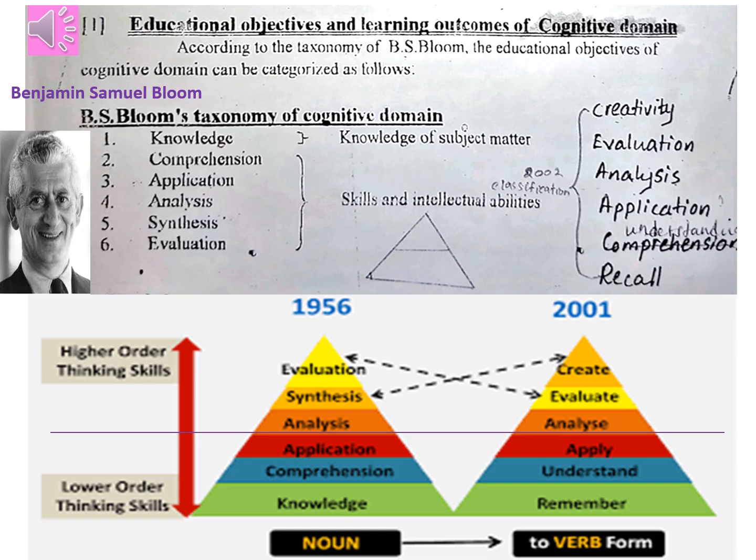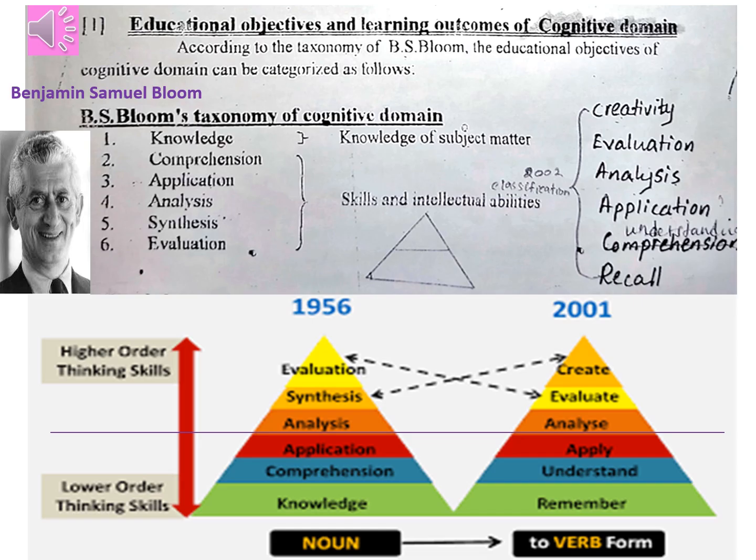Knowledge means knowledge of the subject matter. We'll say different types of tests. You learned last week, measuring instruments. So you must have some knowledge, information about different types of tests. That's knowledge. You may have the note, right?